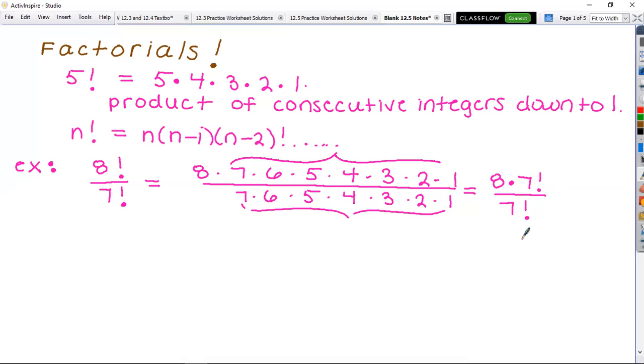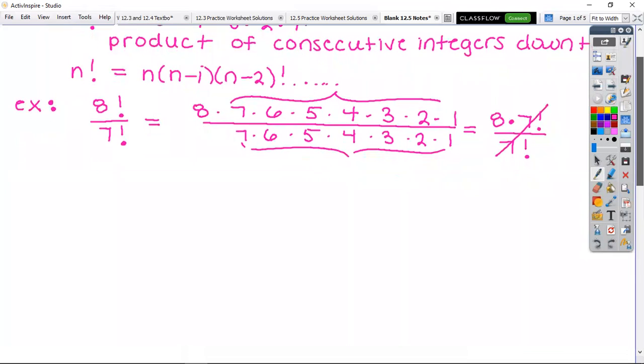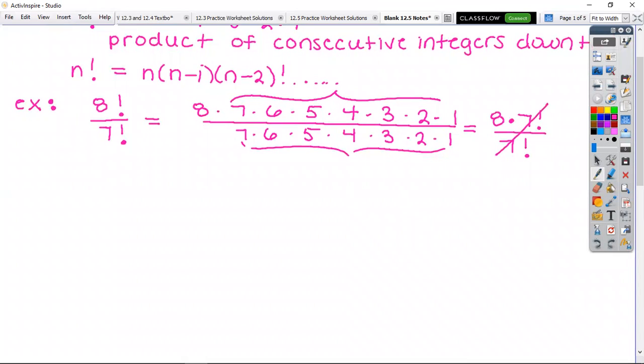And what do you think you're allowed to do with the 7 factorials? Yes, perfect. That's what you're going to be doing algebraically: breaking it into a product so that you can cancel it. I'm going to say algebraically, because that's what you're going to see.